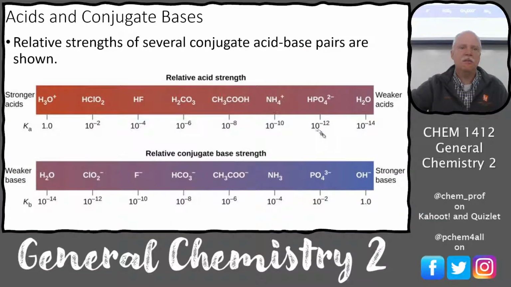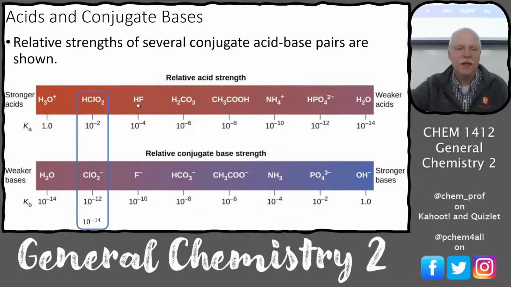So here are some acids and their conjugate bases and the different strengths. These are some nice representative molecules, different acids. Here's the chlorous acid. I have to make sure I get my naming right. So this is chlorous acid and the chlorite ion.